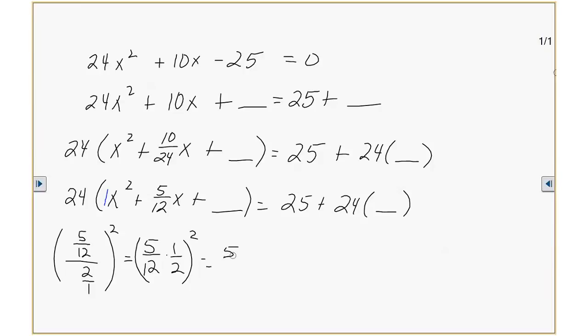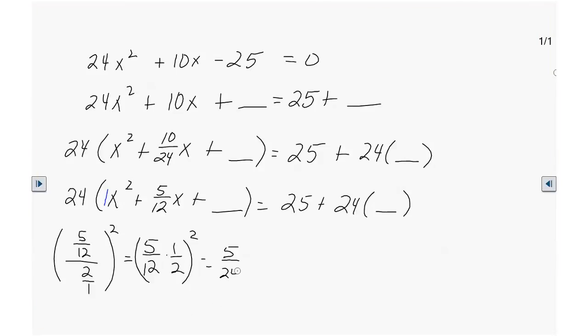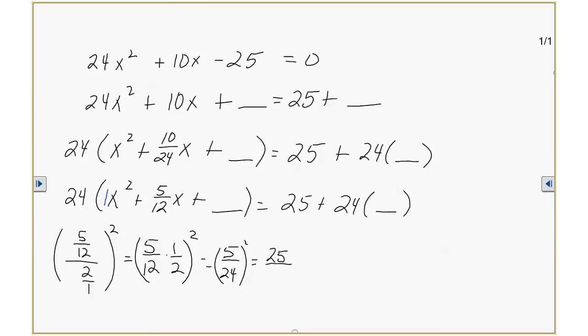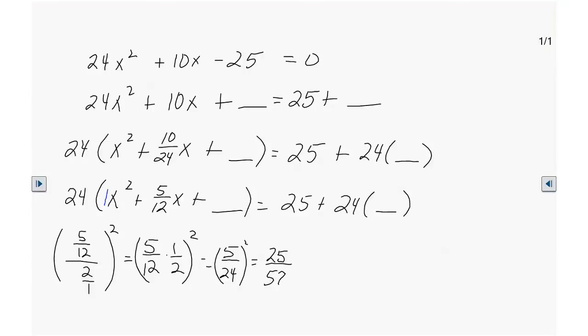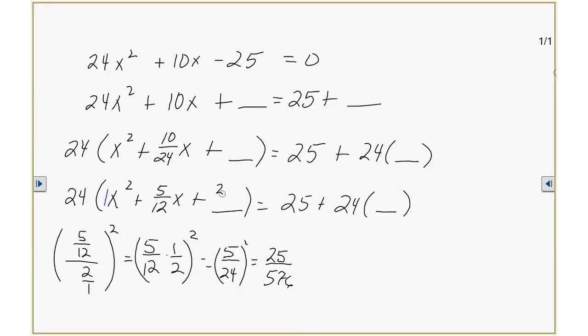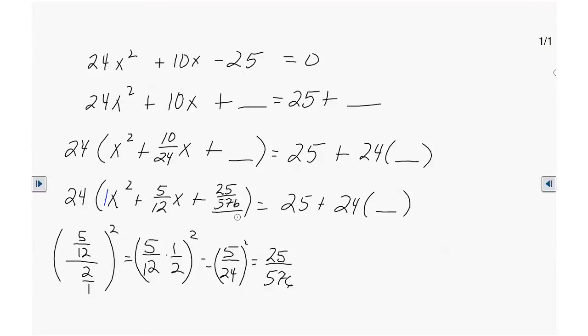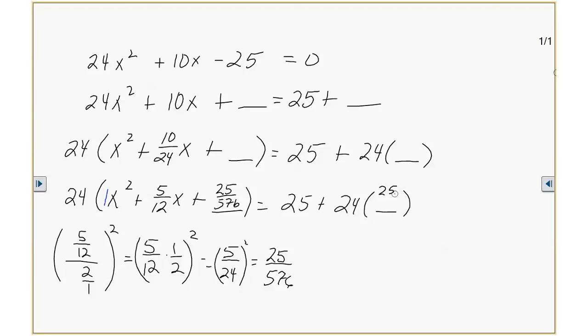It's going to be a big number, because nothing cancels. 24, which will give you 25. 25 squared is 625. Somebody's got to help me out with 24 squared. What's 24 squared? I don't know that in my head. 576. So we're going to put 25 over 576.